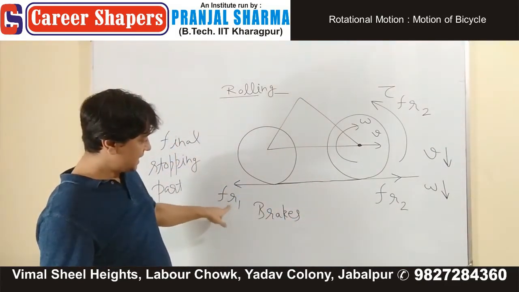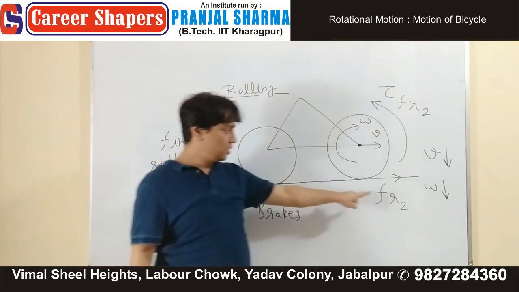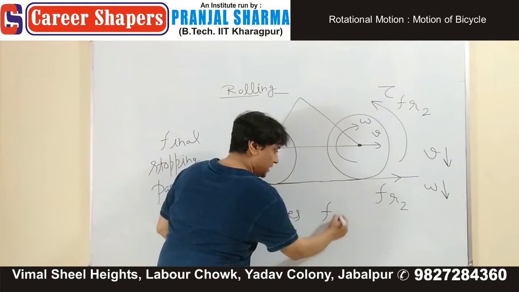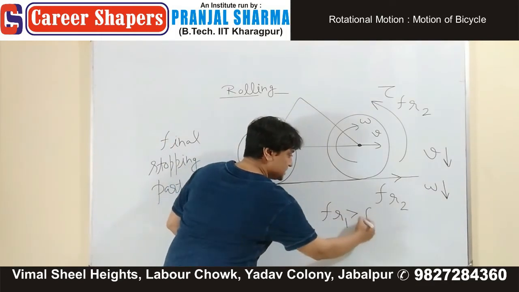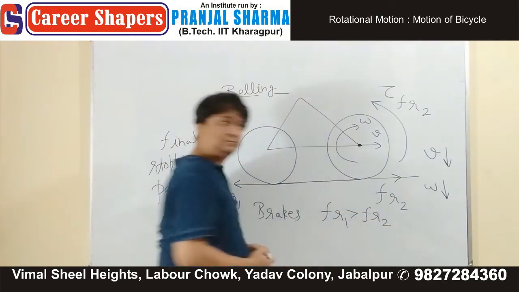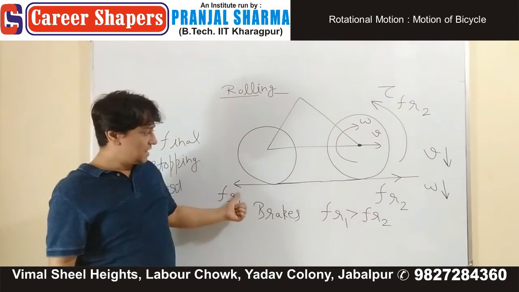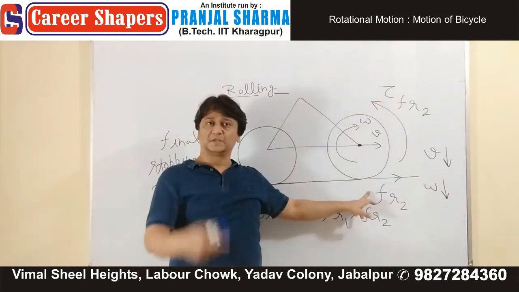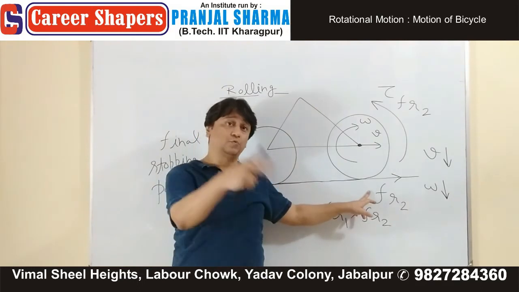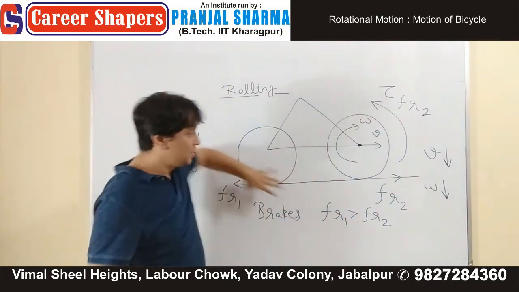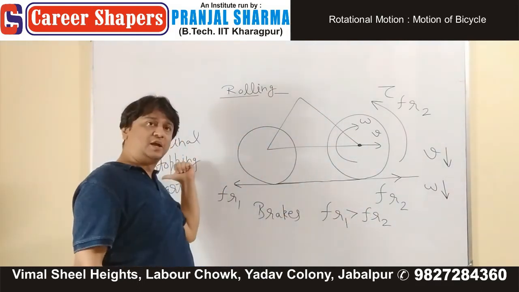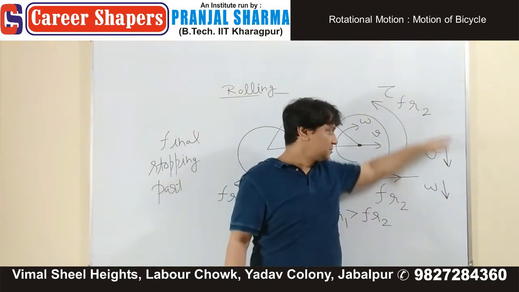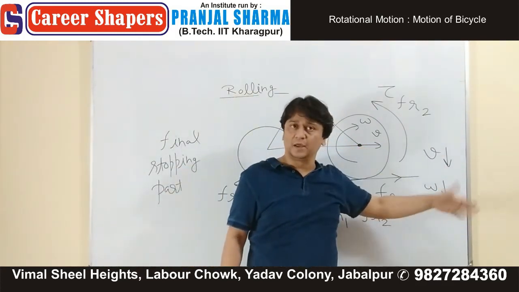FR1 is acting in the backward direction, FR2 is acting in the forward direction, and again FR1 is the dominating one. ये ज्यादा है, ये कम है. This is 10, this is 8. What is that force? 10 minus 8, which is what? 2. इस पूरी बॉडी पर एक फोर्स लग रहा है पीछे की तरफ. बॉडी जा कहाँ रही है? आगे की तरफ. इसकी स्पीड लगातार क्या होगी?